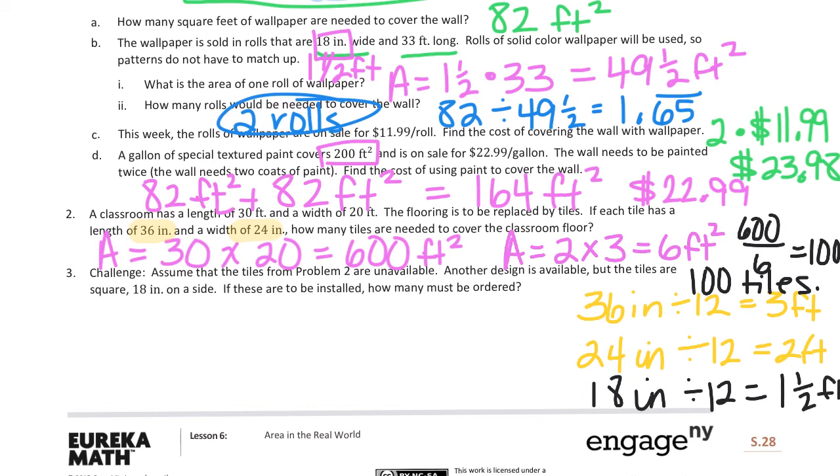So the area of that tile is 1.5 times 1.5, and I get 2 1/4.